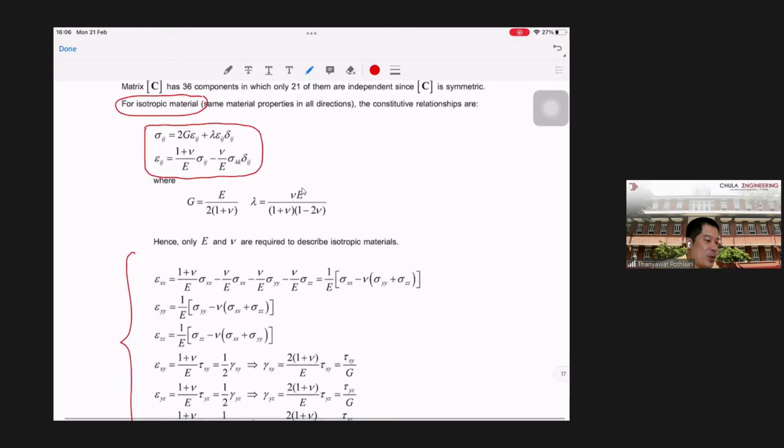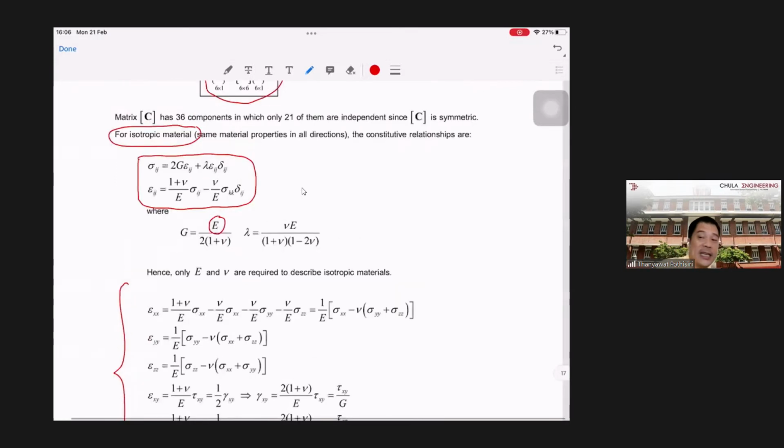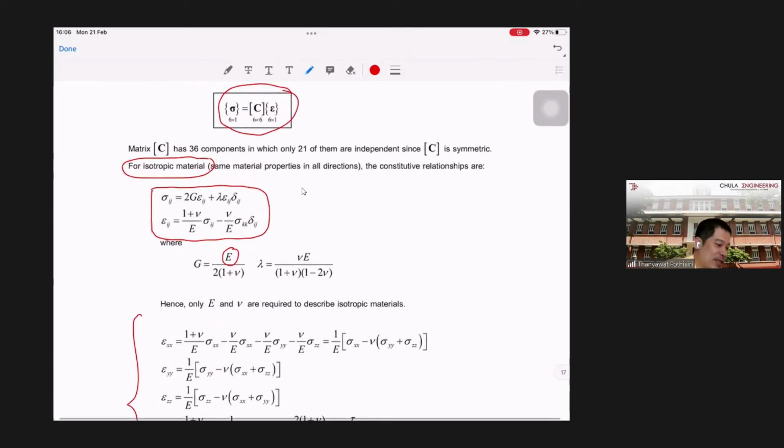Now in these equations, E is the Young's modulus, or the modulus of elasticity, or the relationship between stress and strain, assuming that this relationship is linear. And G, or the shear modulus, is computed based on this equation right here. And this mu is the Poisson's ratio.